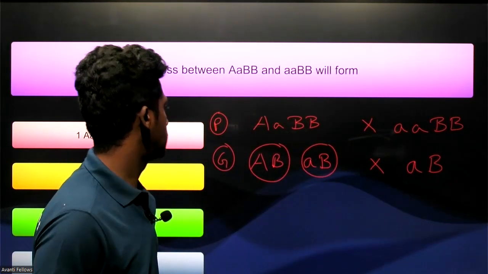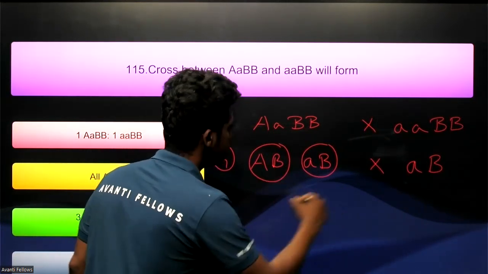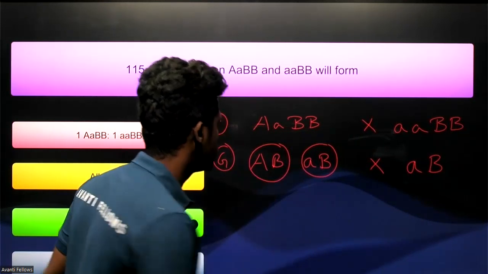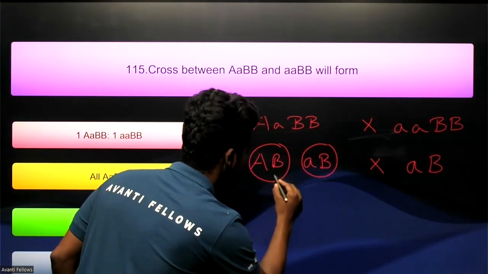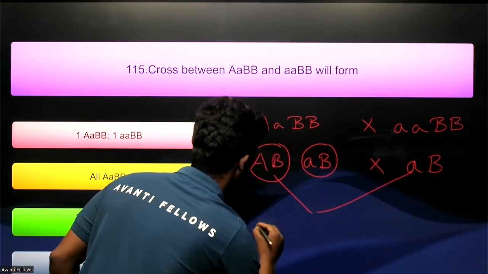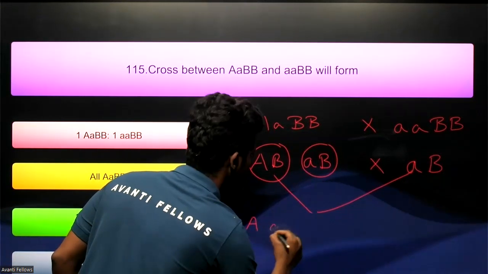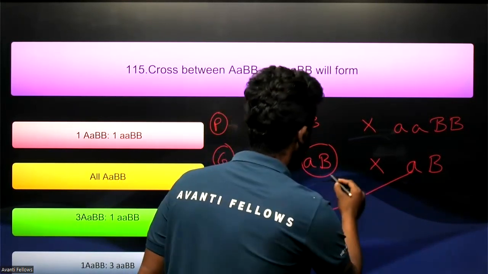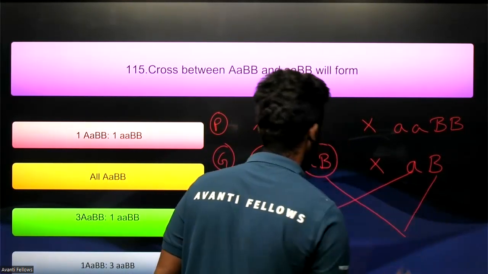So let's see what happens here. If this gamete goes with this, we get capital A, small a, capital B, capital B, correct? And if this gamete fuses with this gamete, what would we get?